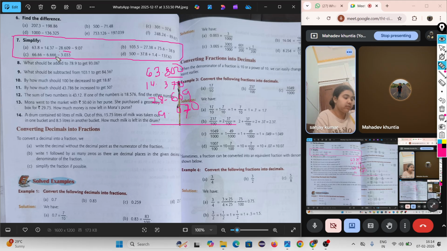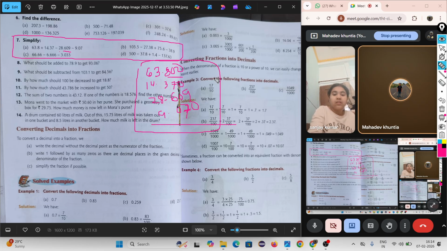Are you doing? Yes. Why are you removing your page? Do na. After converting each decimal into like decimal, then look. First you do addition, because 63.800 plus 14.370, first you add these two numbers.